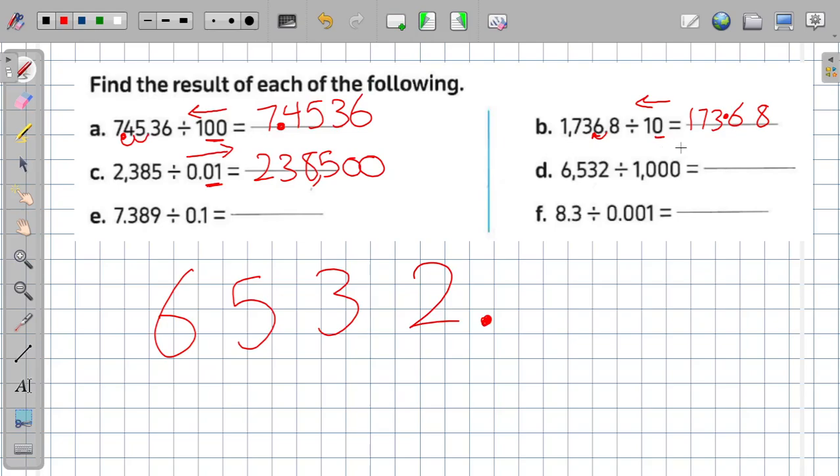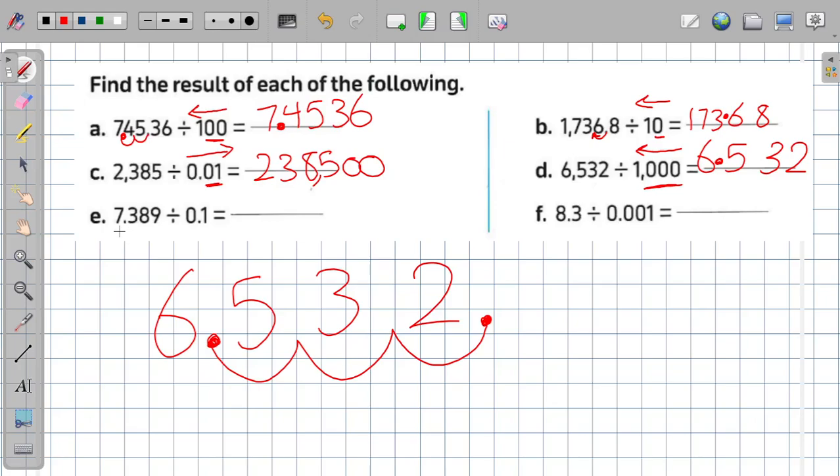So the decimal point will be moved to the left. And I have 3 zeros, so I will make 3 moves. So I have 1, 2, and 3. So the decimal point will be right here between 6 and 5. So I have 6, 5, 3, 2, and the decimal point will be between 6 and 5.